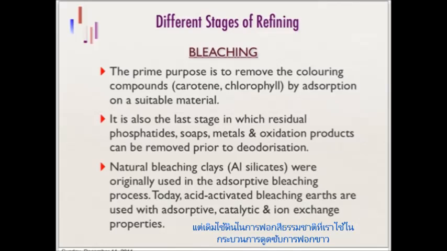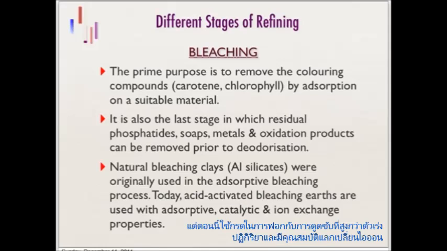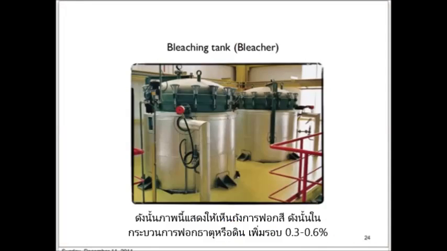Originally, natural bleaching clays were used as an adsorbent in the bleaching process, but nowadays acid-activated bleaching earth is used, with higher adsorptive, catalytic, and ion exchange properties. So this picture shows the bleaching tank. This is how it looks.